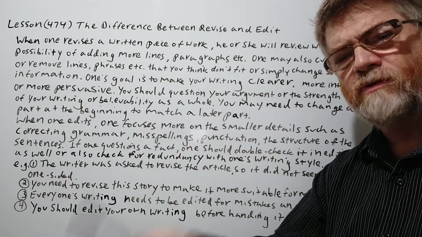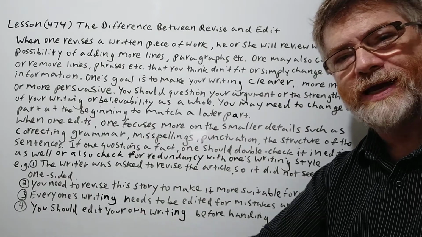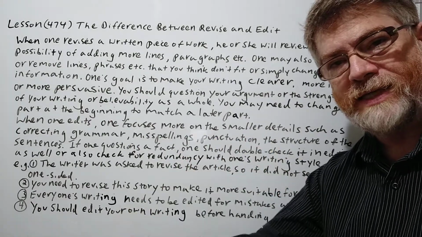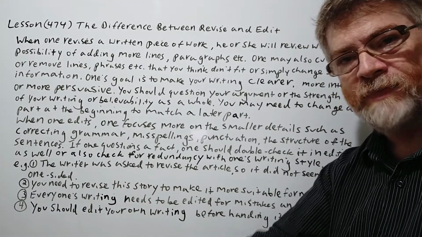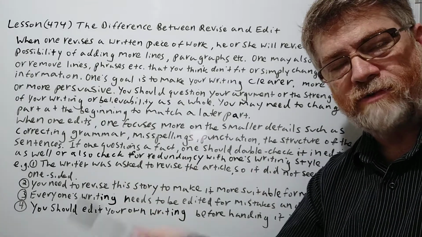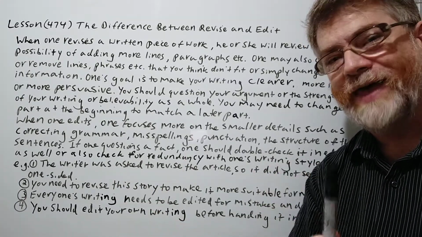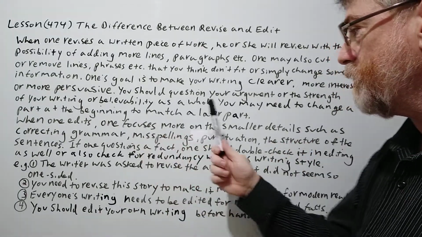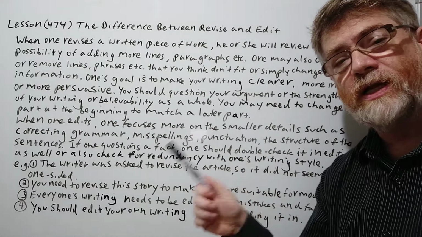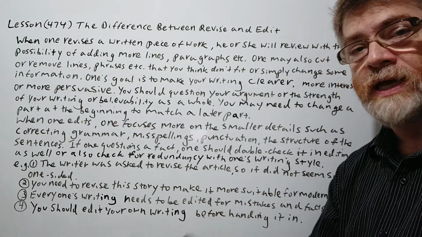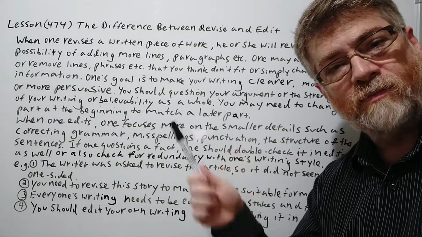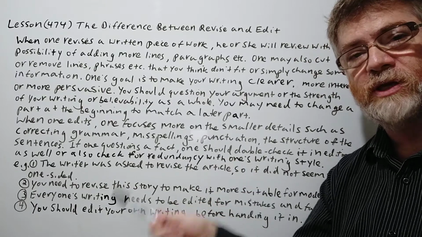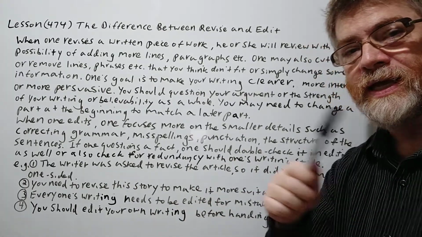So when you're doing the revising, that's important. You're looking at your writing as a whole. Does it make sense? Does it sound clear? Is it going in the right direction? Something along that line. You may need to change a part at the beginning to match a later part. So if you've done a lot of writing and you go back and revise it, maybe you thought of some more interesting information later, but you need to add something at the beginning to make it fit.